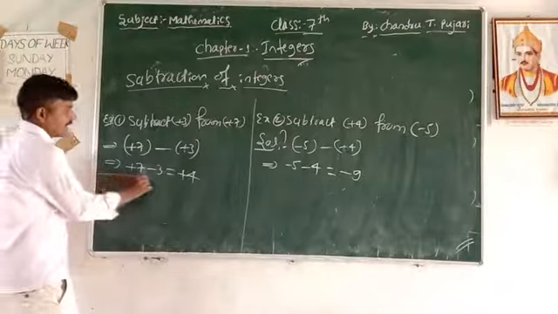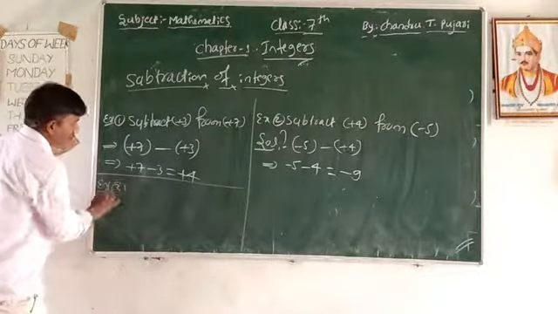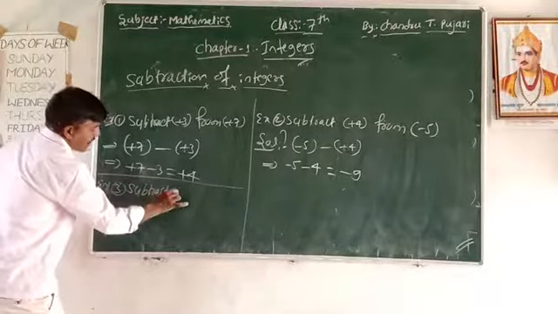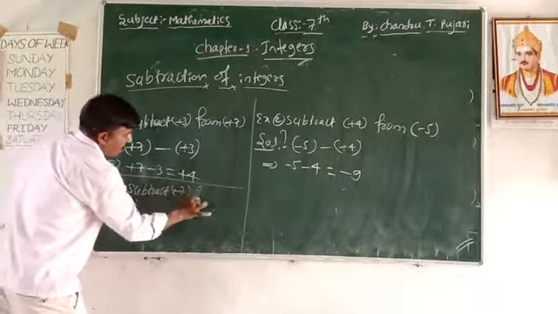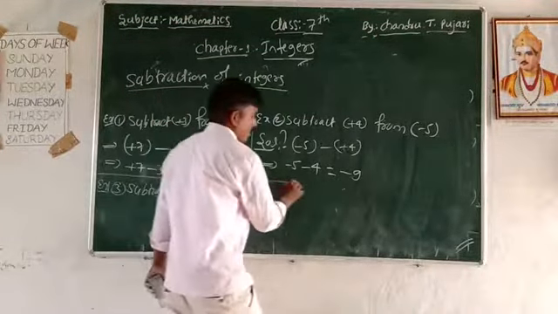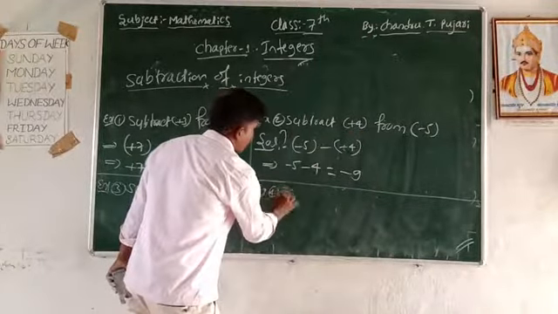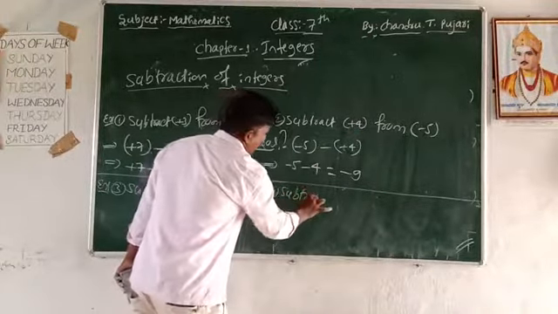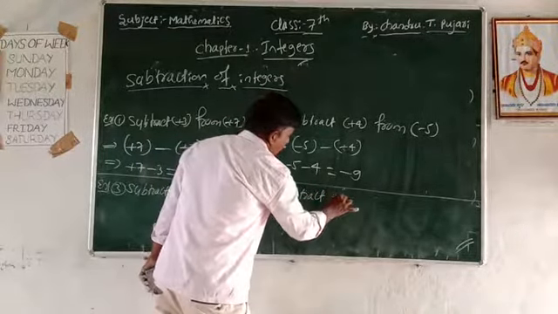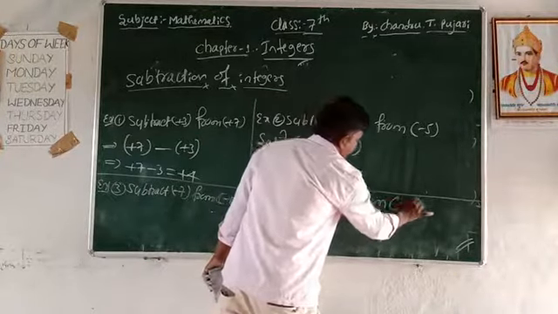Next, example 3, subtract minus 7 from minus 10. Example number 4, subtract plus 8 from minus 11.